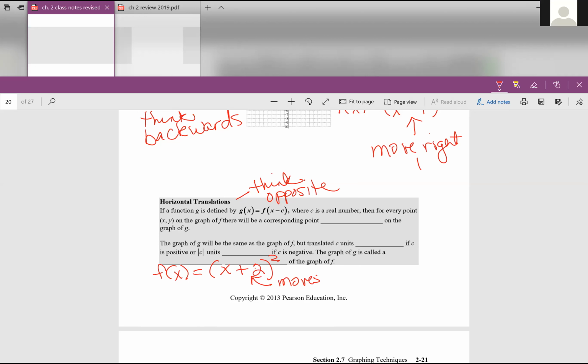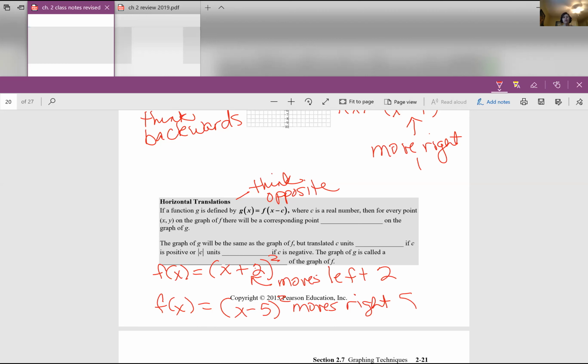To the left. Moves left, how many? 2. If it looked like this, and we had (x - 5) in parentheses squared, it's going to move to the right 5.